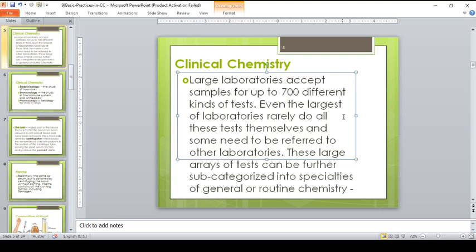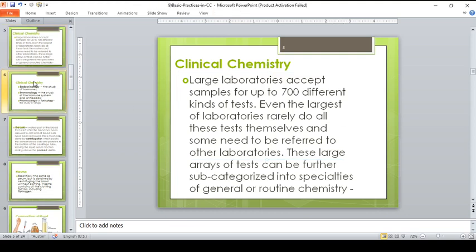So they may refer it to other laboratories which offer the test. Some tertiary laboratories do not have tests for a certain analyte in their lab, and they refer that to CBMC.